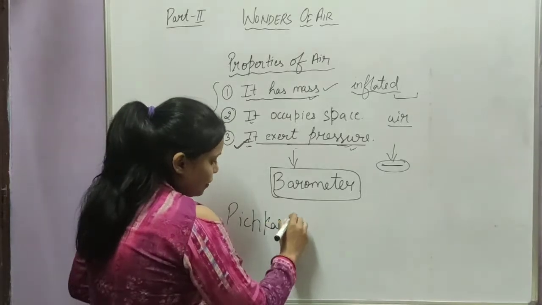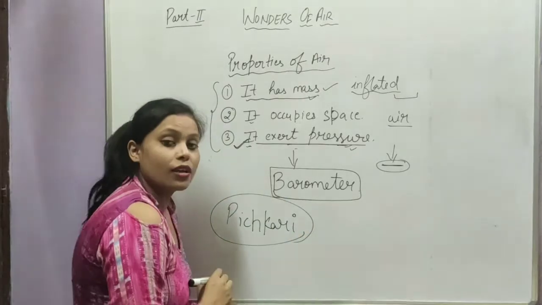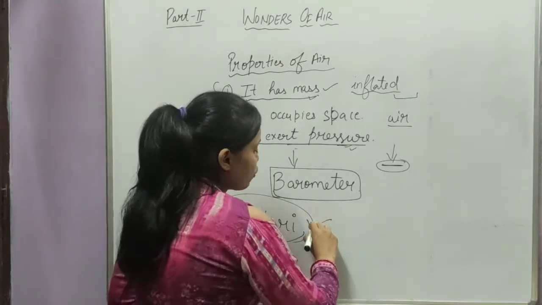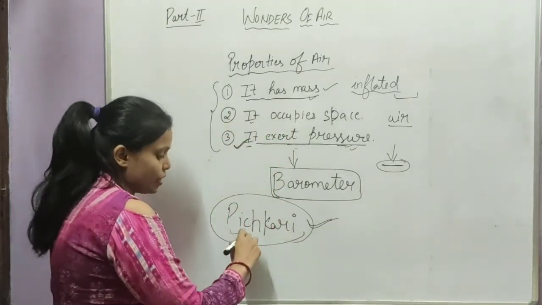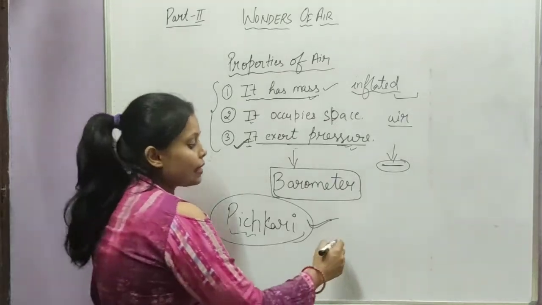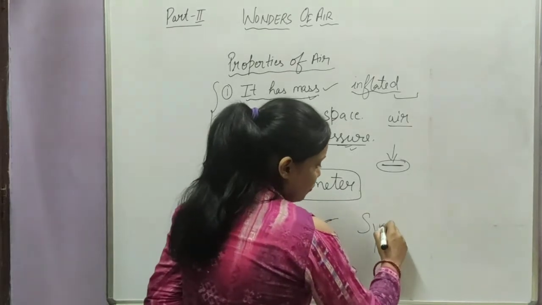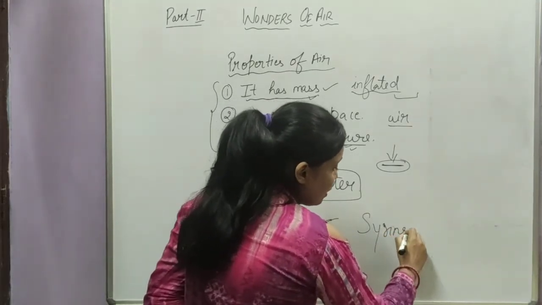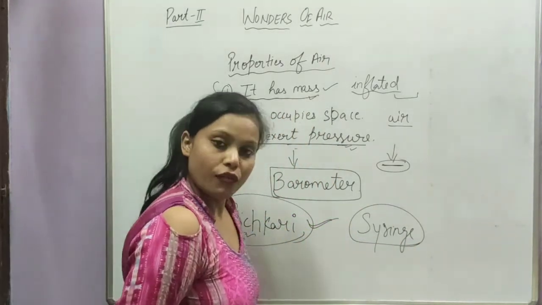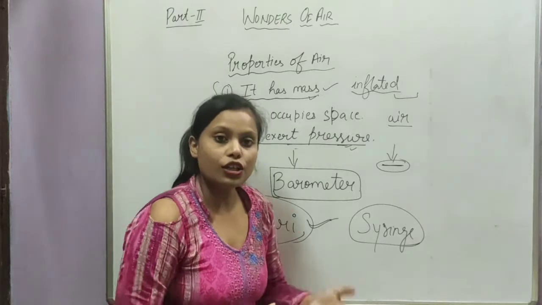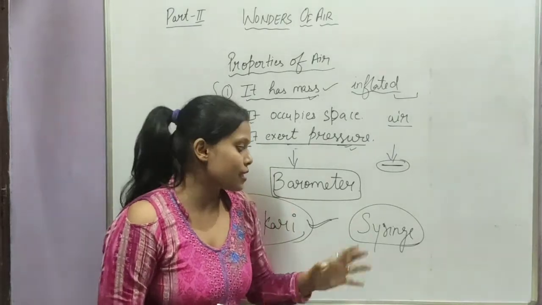Yes, that pichkari which you used in Holi is filled with water with the help of air pressure only. Syringe: doctors use syringes, right? A syringe is also filled with the help of air pressure. Some other uses are also there. Let's study them in detail.